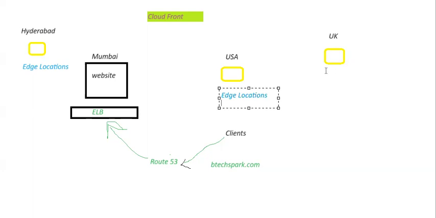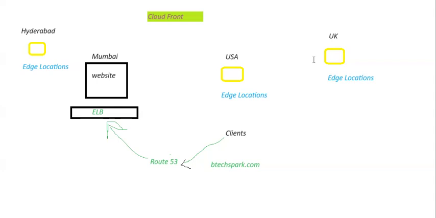This CloudFront, what will it do, sir? In these edge locations that AWS has, this CloudFront will create a cache storage. This will create caching.